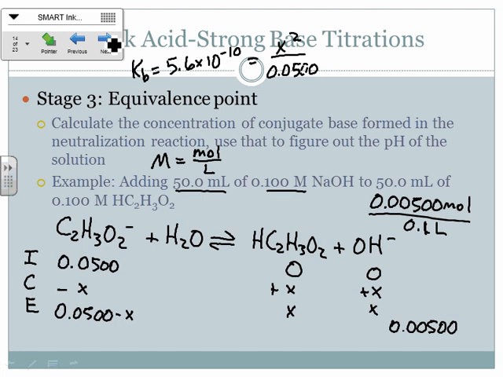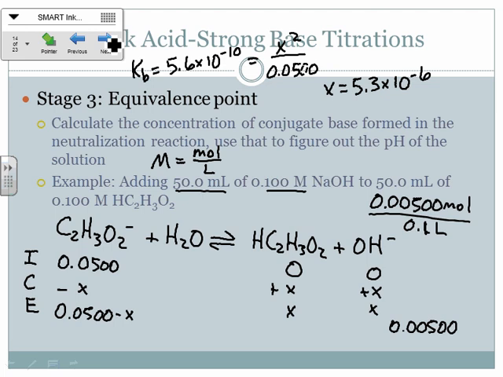So then you just work that out, solve for x. And our x, again, is very small. It's 5.3 times 10 to the negative 6th. Okay. That is our OH minus concentration in this new solution, right?